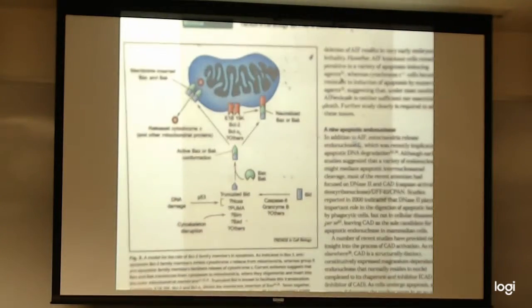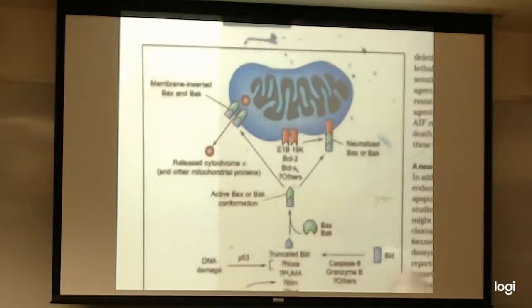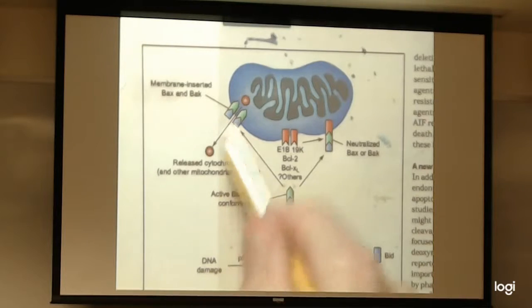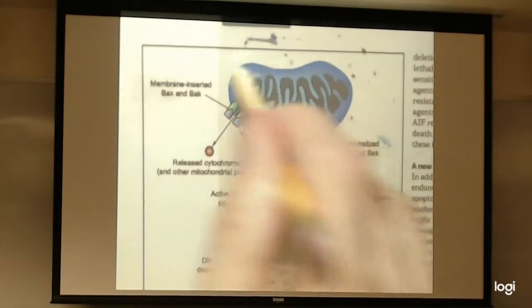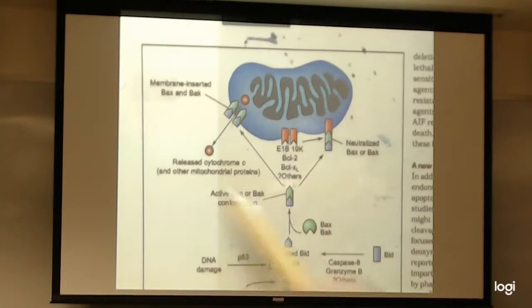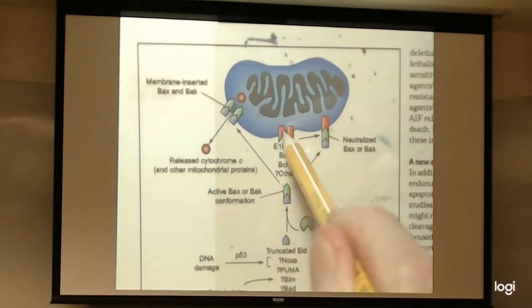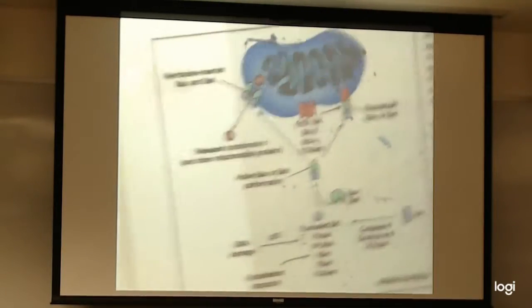Here we have BAX and BAD-like molecules making channels for the cytochrome C to leave the intermembrane space, come out and activate APAF. Here we have BCL2 neutralizing BAX or BAK and preventing those channels, that kind of stuff.